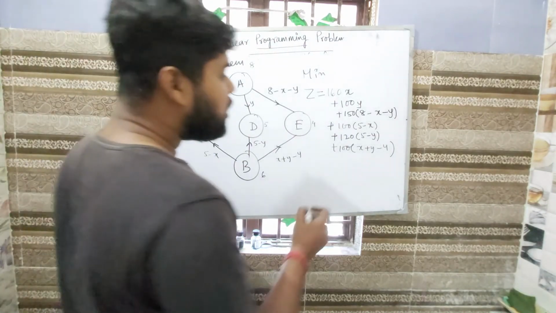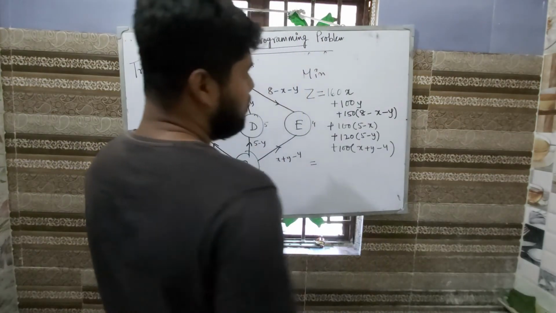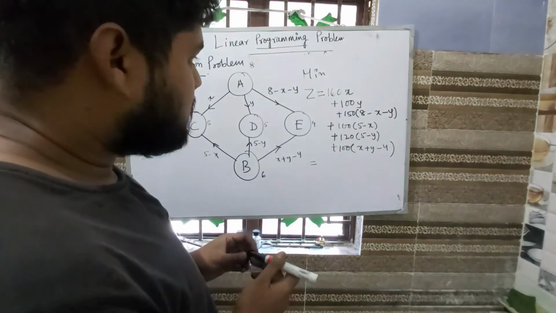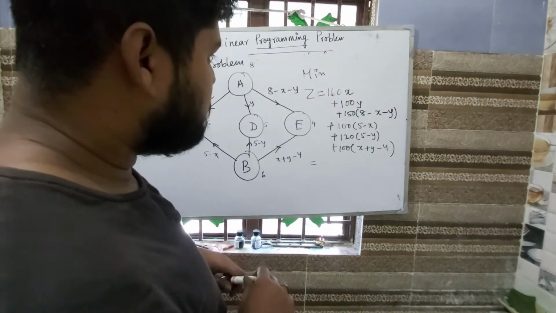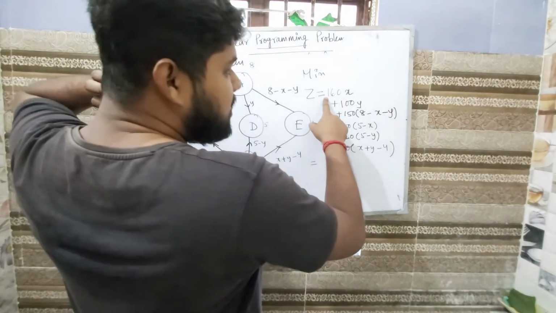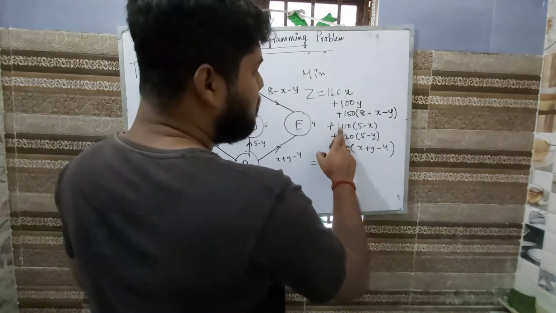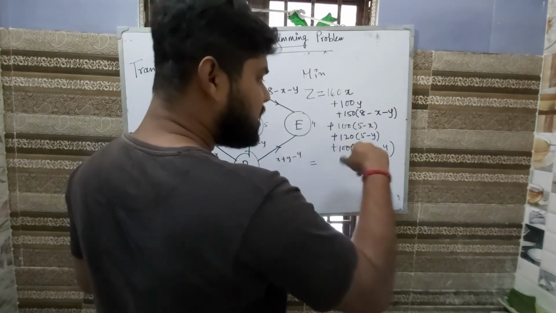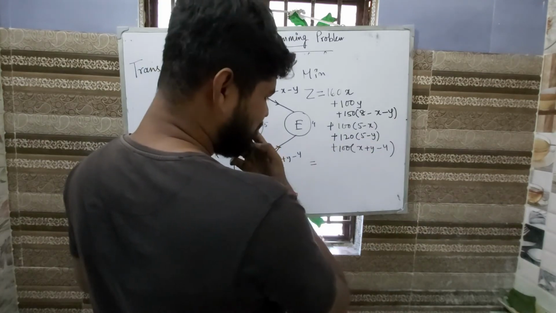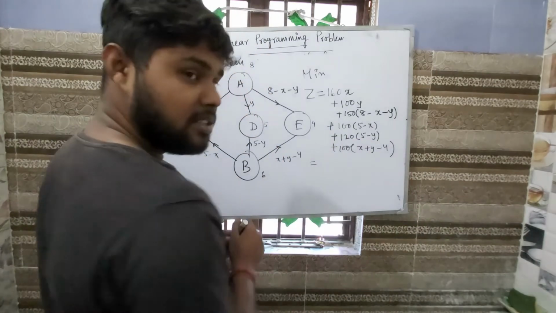So let me just add up for you. This is going to be really a tough job for me. So let me just do it. 160X minus 150X, so that is 10X, minus 100X, minus 90X... wait, plus 100X, so plus 10X.